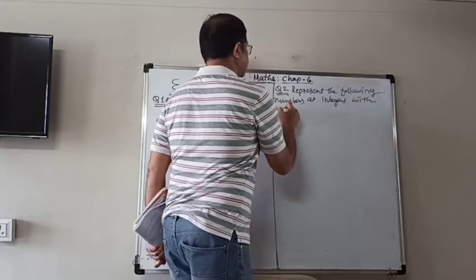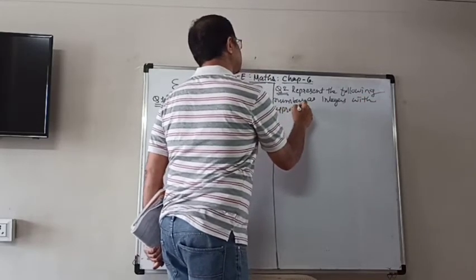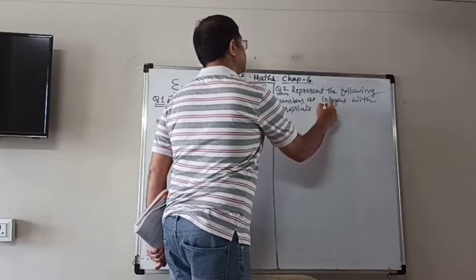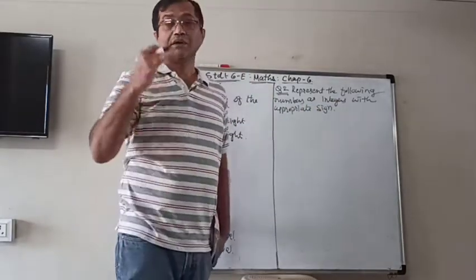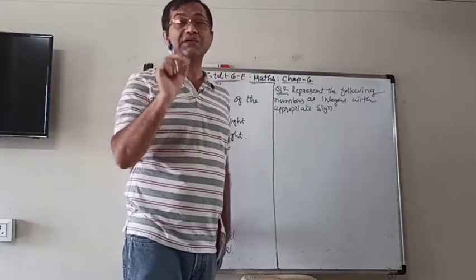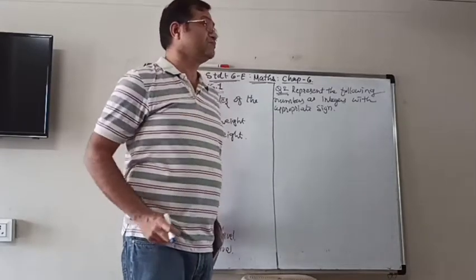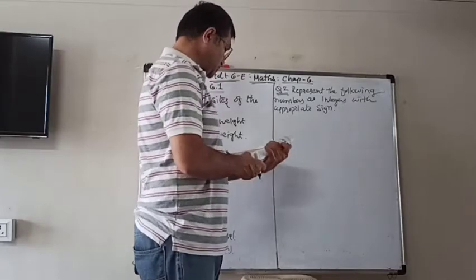With appropriate sign means if it is positive, you have to put a positive sign. If it is a negative integer, you have to put the negative sign with it. Let's see what the first one is.